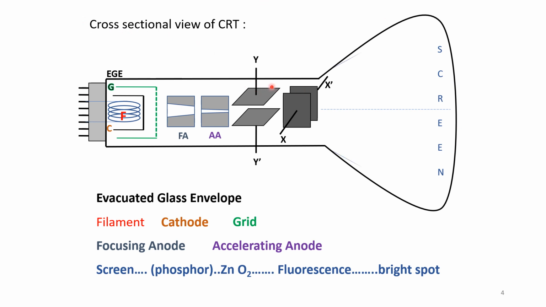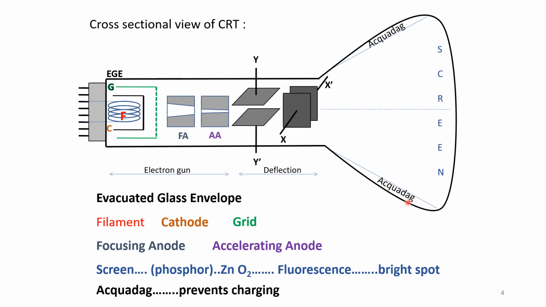At the same time, these charged particles, electrons, are moving and they are hitting the walls of the container. So in order to avoid the presence of excessive charges, there is a coating that is made by means of what is known as the aquadag.